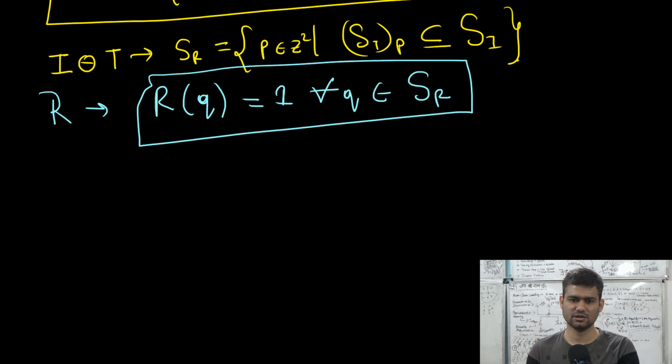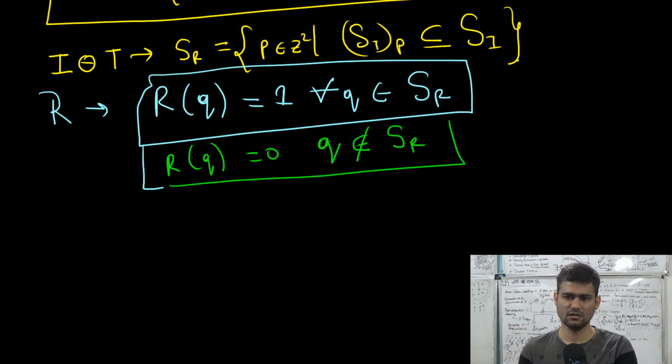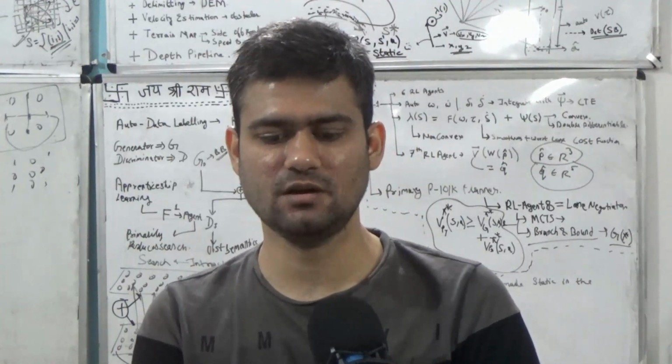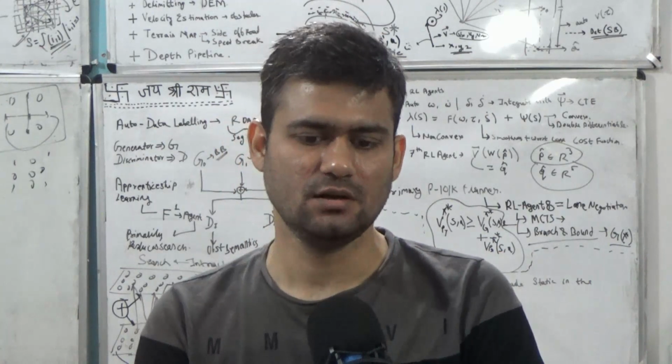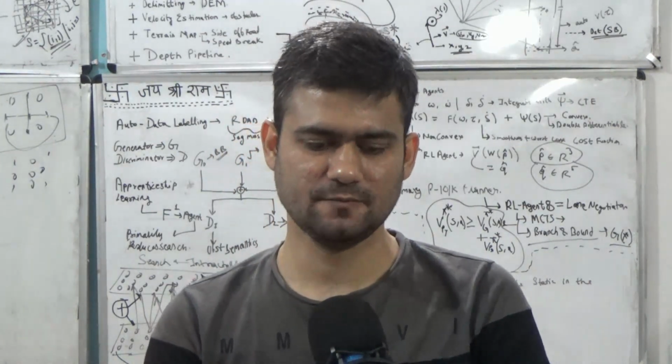And we set R of Q to 0 for Q not belonging to set SR. So this is the erosion operation purely defined in terms of sets and set operations.